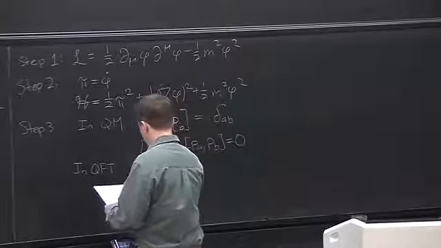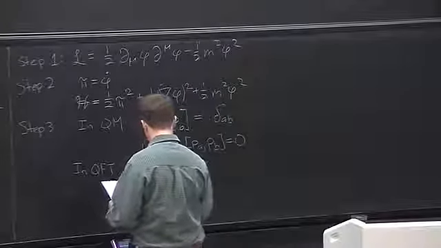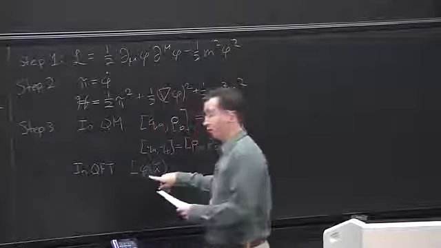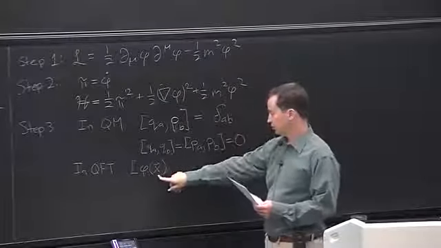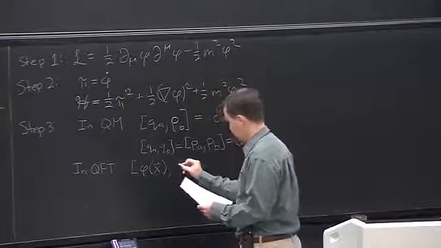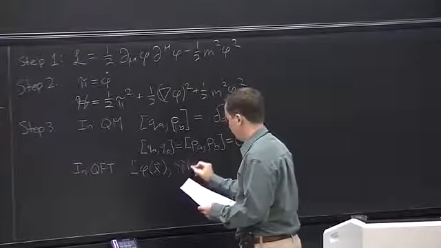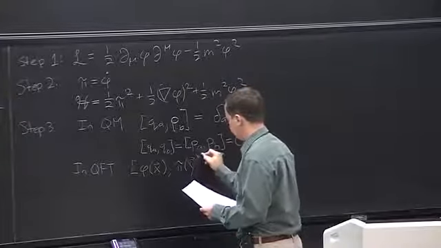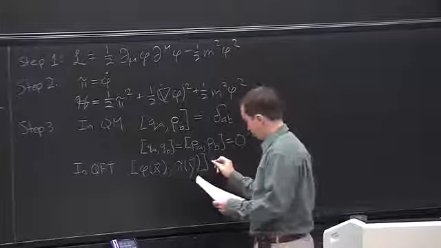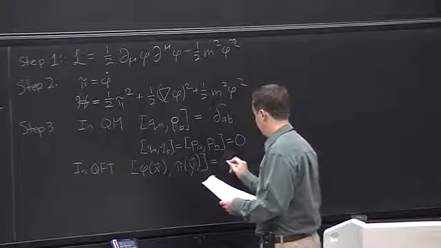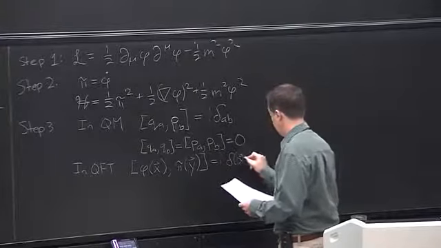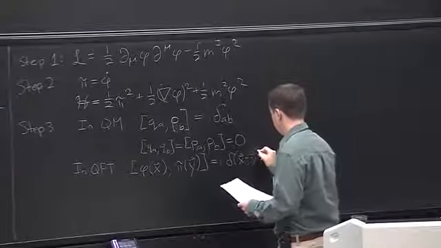So the commutation relations we want to impose are that the field at each point in space obeys a commutation relation with the conjugate momentum. It's just i delta, a Dirac delta instead of Kronecker delta this time, delta of x minus y.